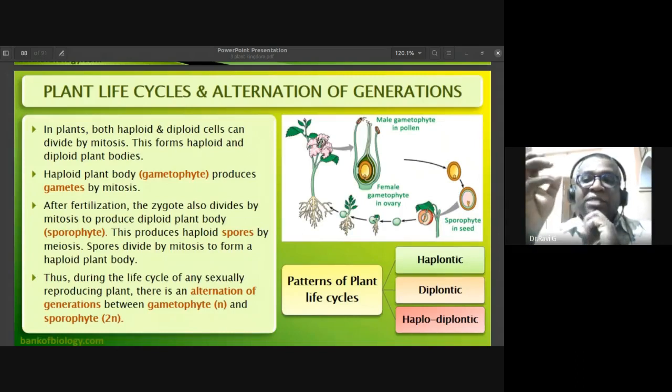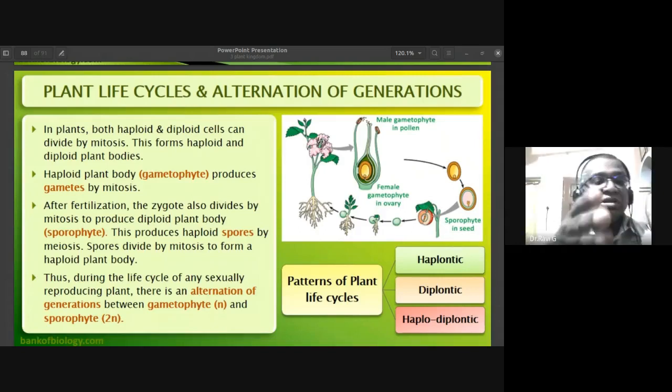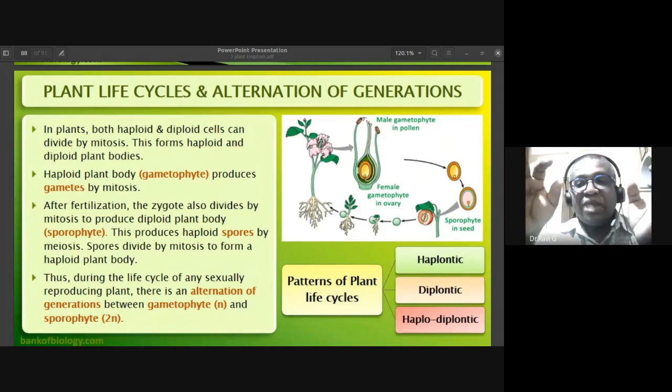Within the sporangium, the sporophyte produces spores, but these spores are haploid. How did the diploid sporophyte produce haploid spores? By meiosis. Later, the spores divide by mitosis to form a haploid gametophytic plant body.